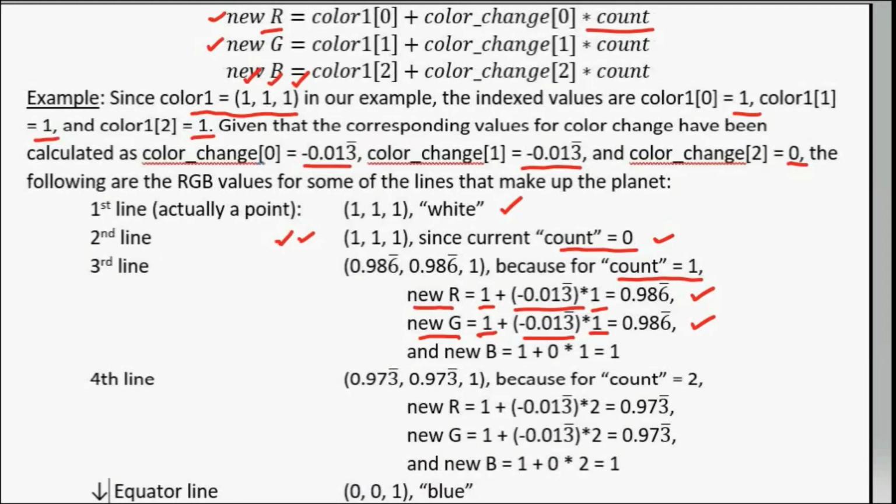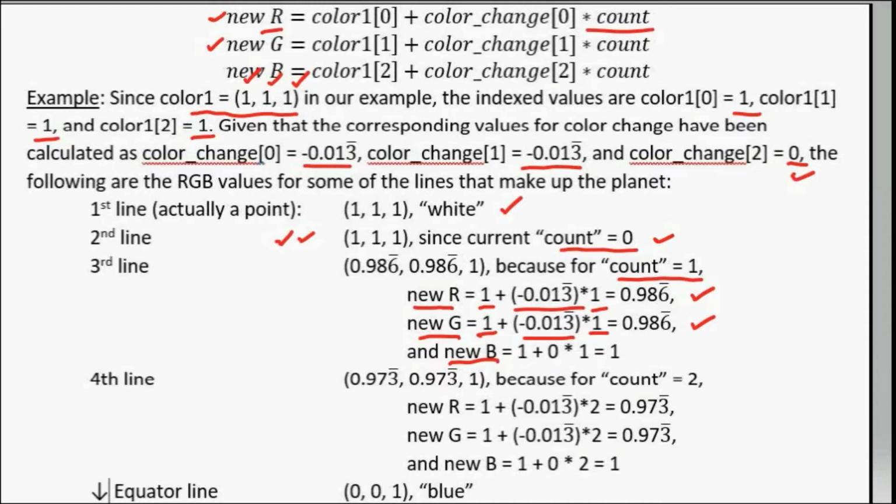But what is our new B? Since the color change for B is 0, there will be no change in the value of B as we go from the upper tip of the planet to the equator.